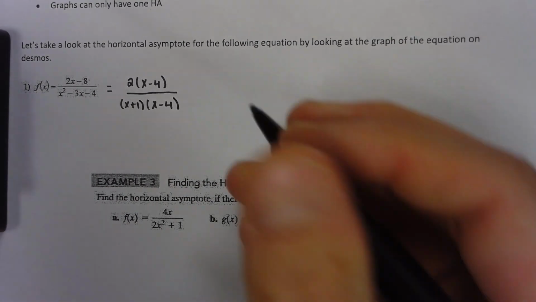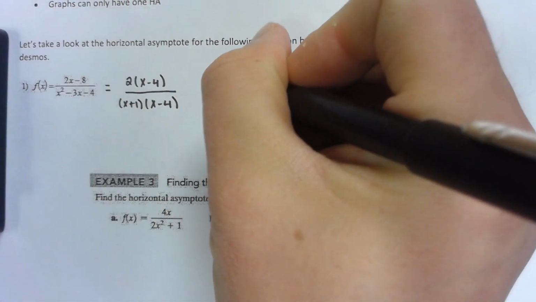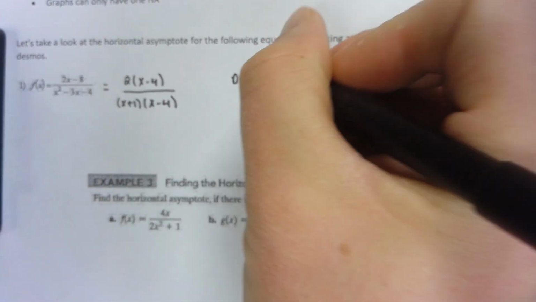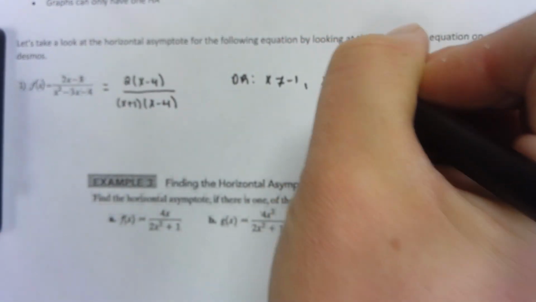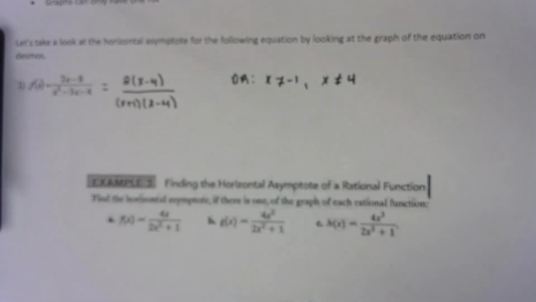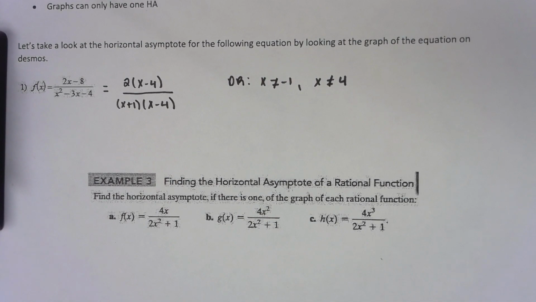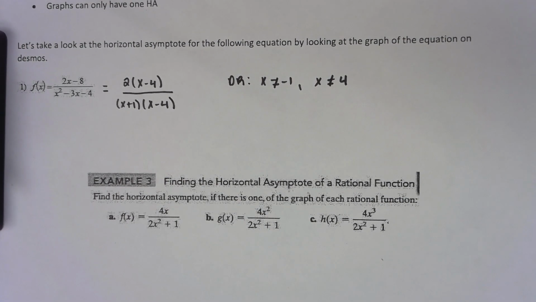Discontinuities in our domain, or domain restrictions, are that x cannot equal negative 1 and x cannot equal 4. That means we have either a vertical asymptote or a hole at negative 1 or 4.